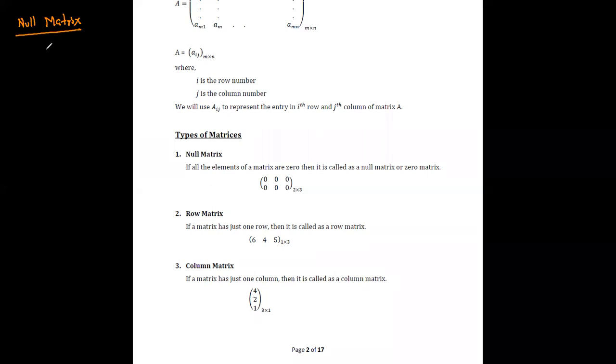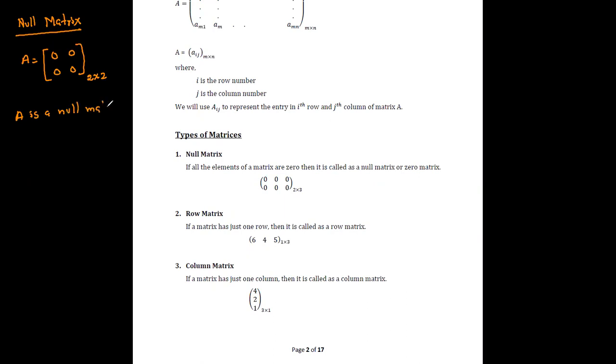As an example, if I say matrix A, you can see all the elements of this matrix are zeros, and this is a 2 by 2 matrix. Then we can say that A is a null matrix, or we can say that A is a zero matrix.